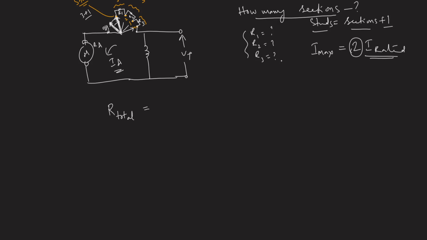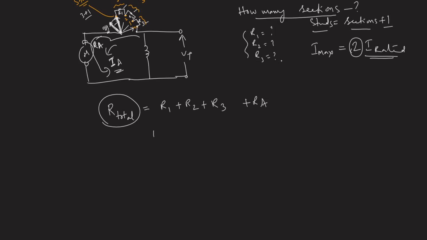It will be RA, let me write RA, plus R1, the first section resistance, R2, the second section resistance, and R3. This RA is the armature resistance. Are you following? So the armature resistance is connected in series with R1, R2, R3 in the armature circuit. So this will be the total resistance which is going to offer to the current.